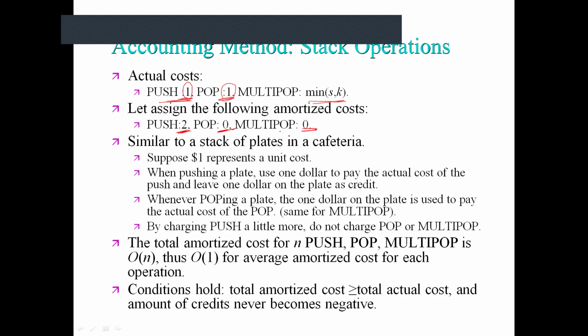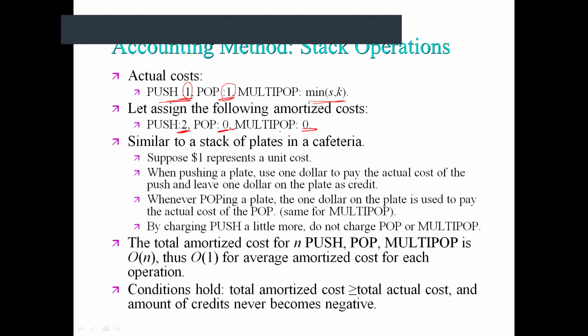Suppose that $1, or 1 rupee, represents a unit cost. When you push a plate, you use $1 to pay the actual cost of the push, and you leave $1 on the plate itself as credit. Why? Because you're charging push $2. Now, when you pop a plate, it requires $1, and that $1 is already there on the plate from the push.